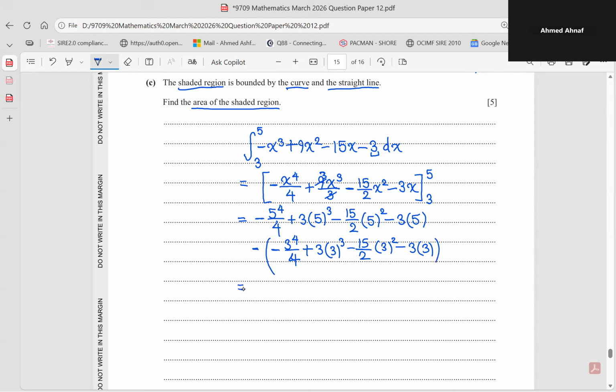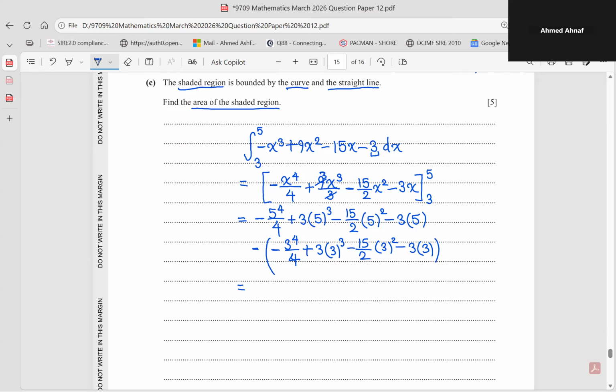Okay, so just put it into your calculator directly. Minus 15 over 2, 5 squared, minus 3 times 5.